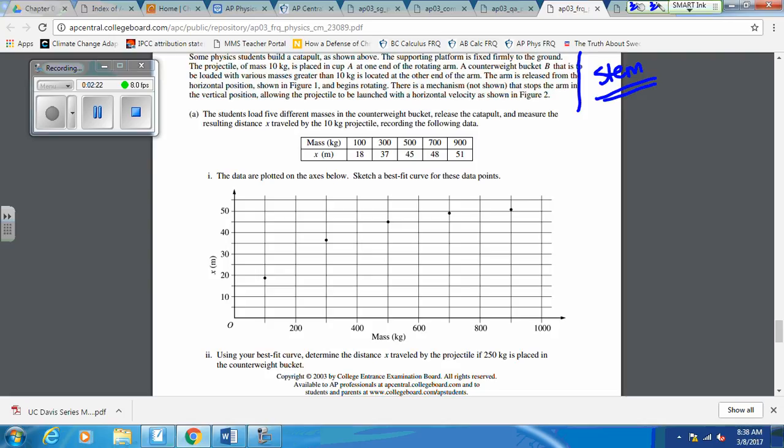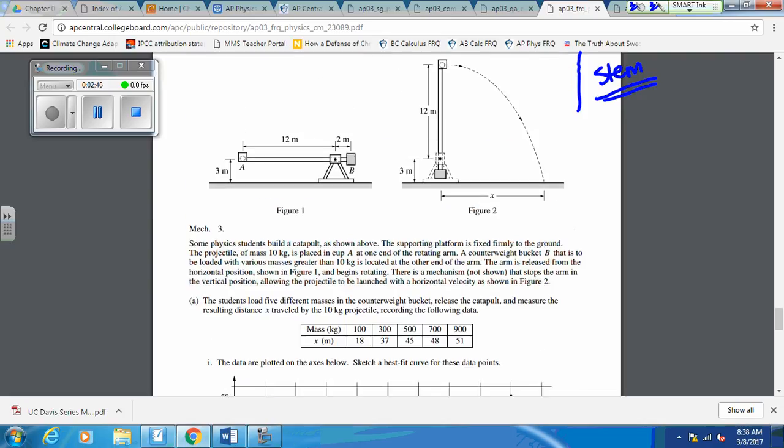Where do we see, first of all, some statements that help us to make simplifying assumptions? Well, for example, some students build a catapult as shown above. What that's doing is simply identifying the nature of the problem, right?